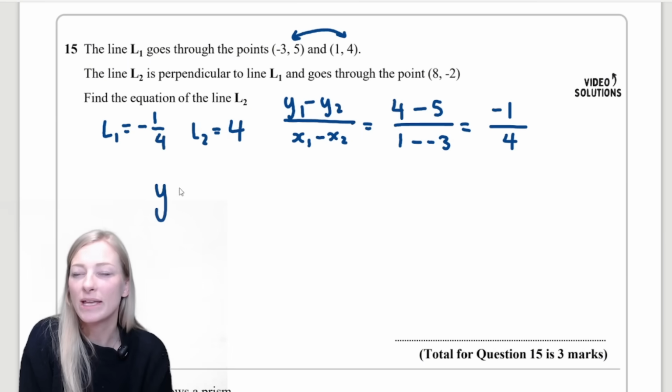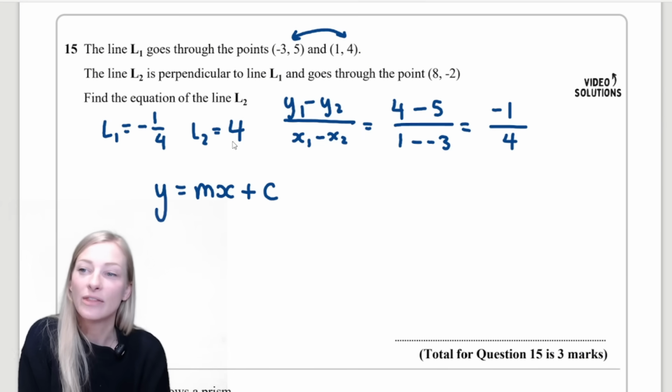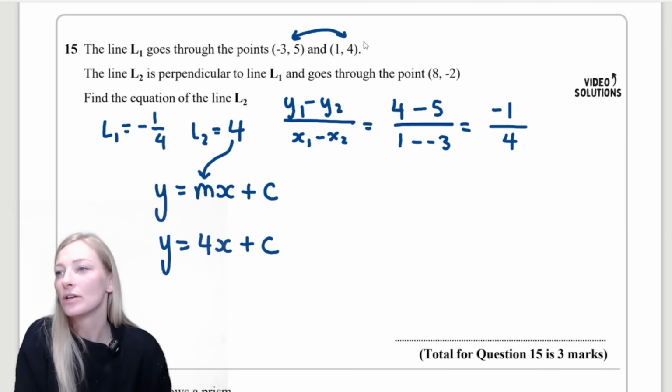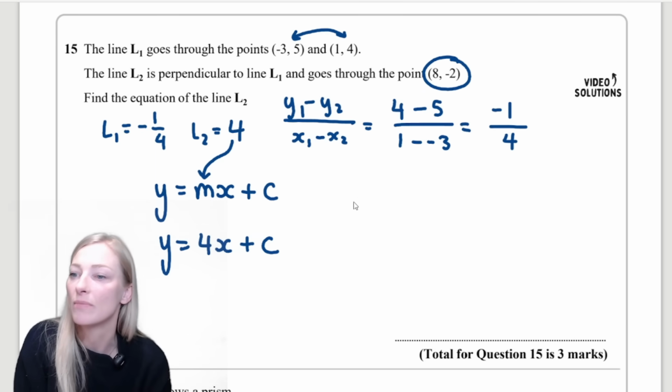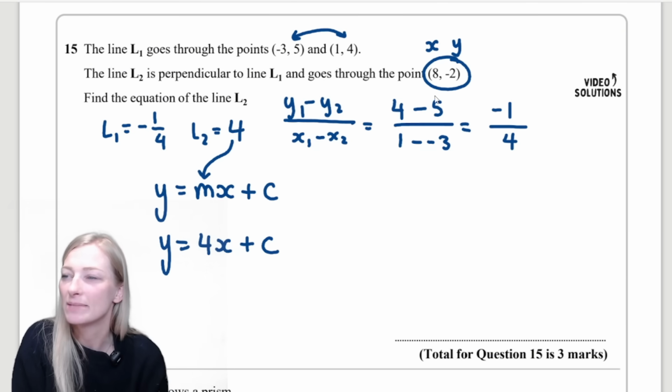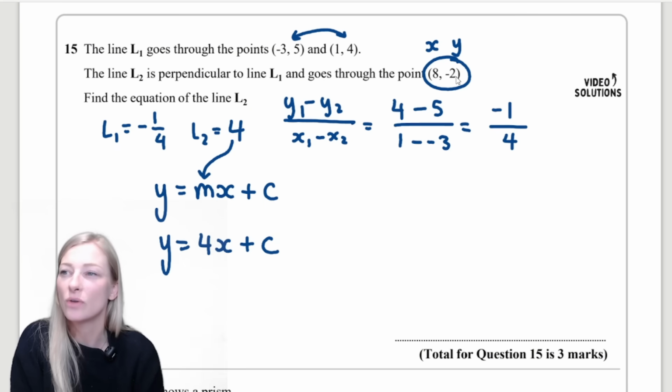So I know it's y equals mx plus c for the equation of line 2, and the gradient we now know is 4. So y equals 4x add c. Now we can use the point up here to help us, 8, -2. So x is 8 and y is -2. This point lies on the line L2, so we can use that to help us.